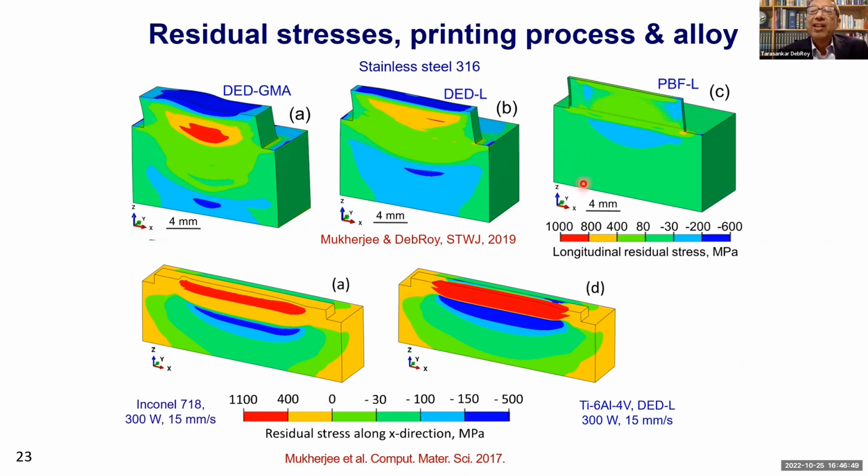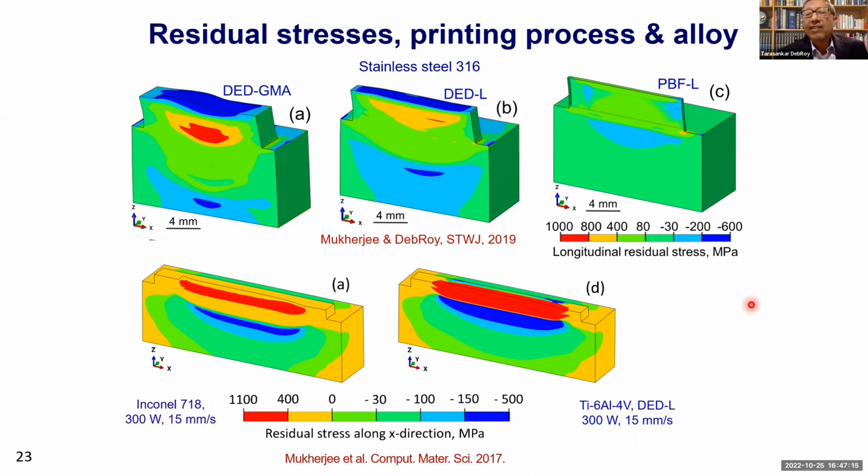Powder bed fusion laser has the smallest size of the fusion zone, and the residual stresses are the lowest, whereas for gas metal arc directed energy deposition, the residual stresses are larger. Also, we can check the relative values of residual stresses for different materials under different conditions.